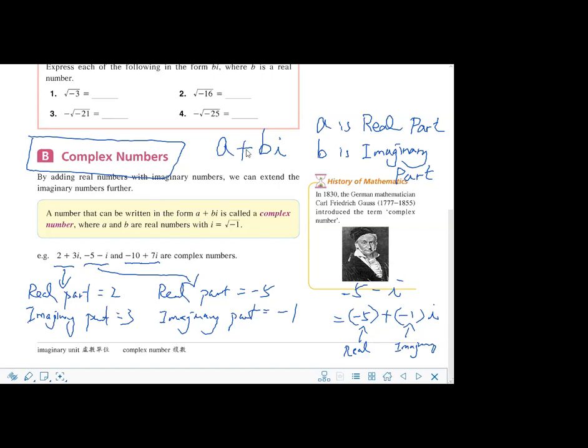That is the real part and the imaginary part of a complex number. Okay, next page.